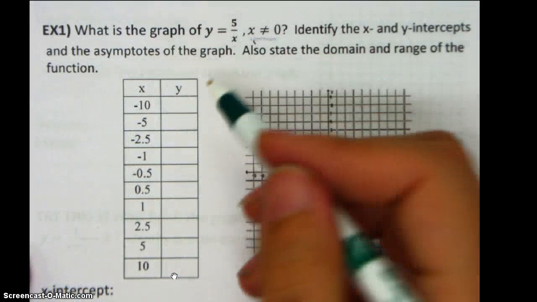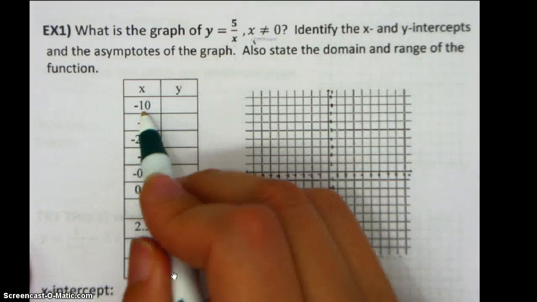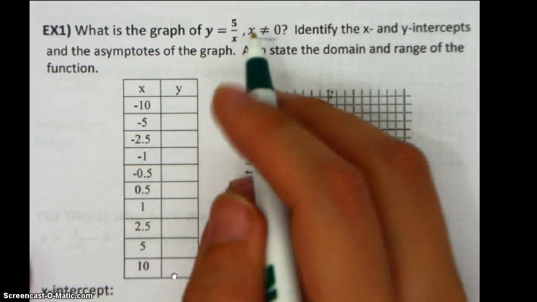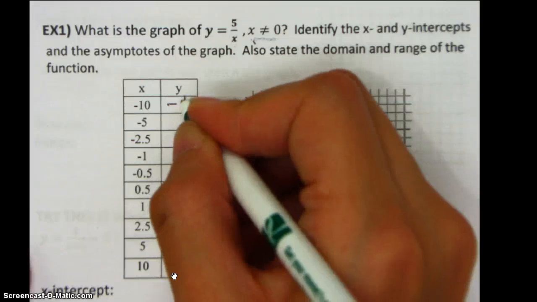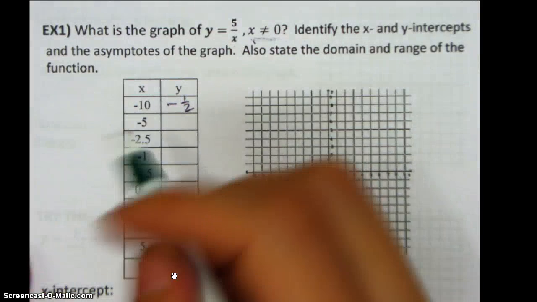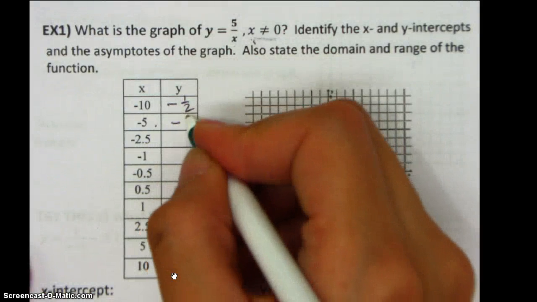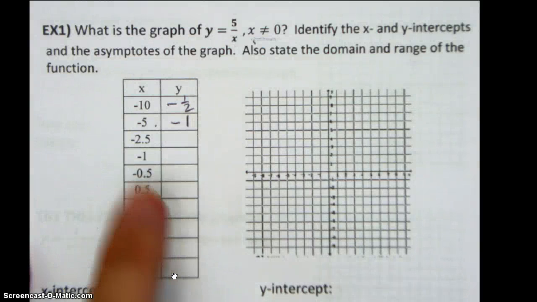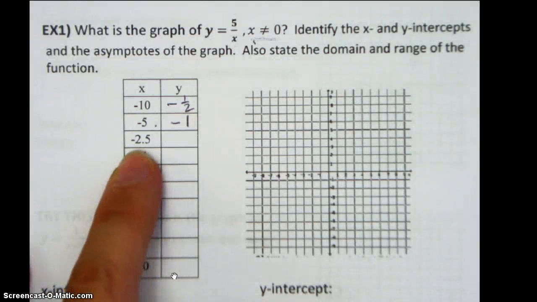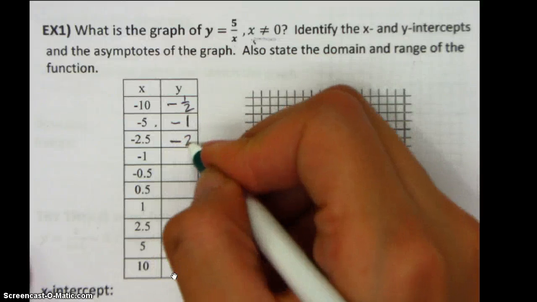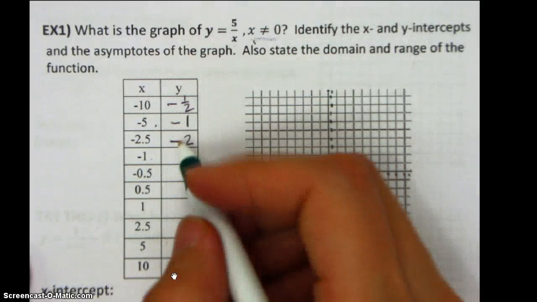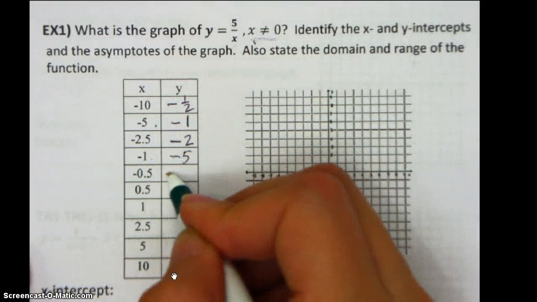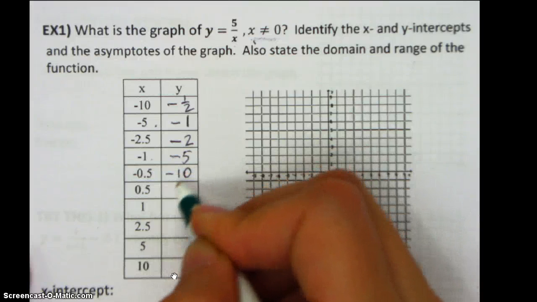So let's plot some points. If x is negative 10, it will be 5 over negative 10, which is negative half. If x is negative 5, we'll get negative 1. If x is negative 2.5, then we'll get negative 2. If x is negative 1, we'll get negative 5. For negative 0.5, this will result in negative 10.